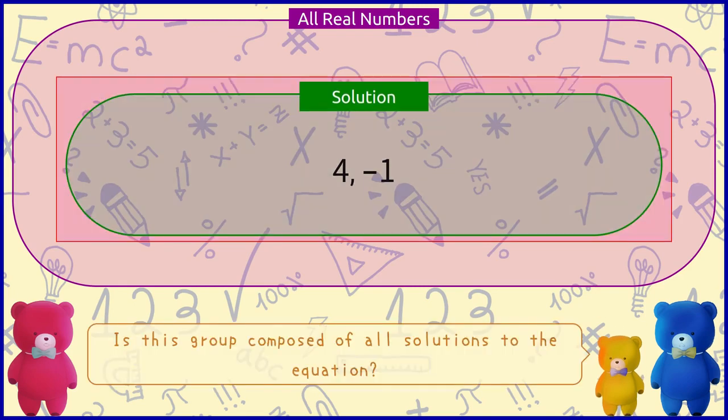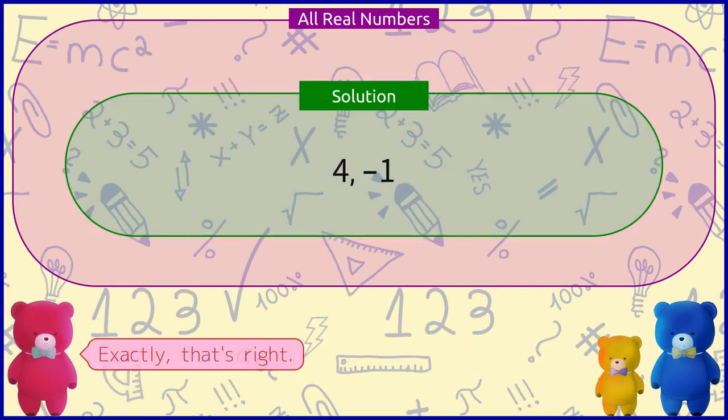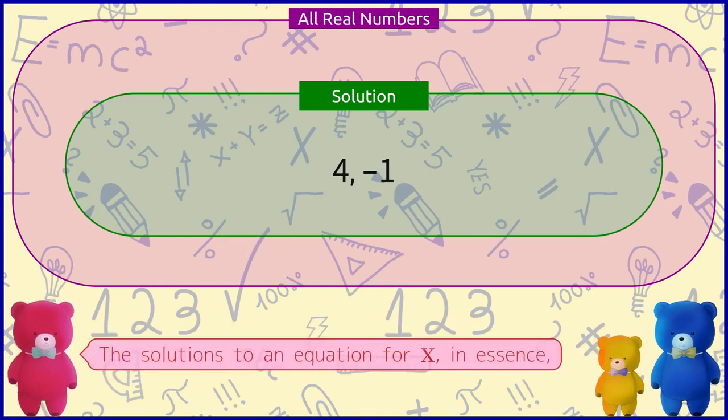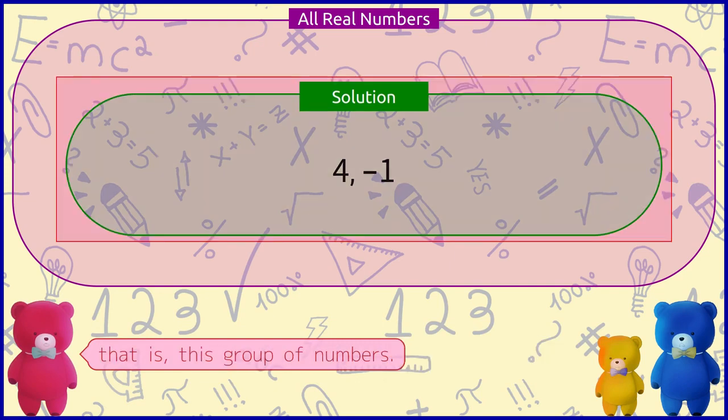Is this group composed of all solutions to the equation? Exactly, that's right. Earlier, you said that if we can find all solutions, we fully understand the equation. Is this related? The solutions to an equation for x, in essence, are values of x that make the equation true. That is, this group of numbers.